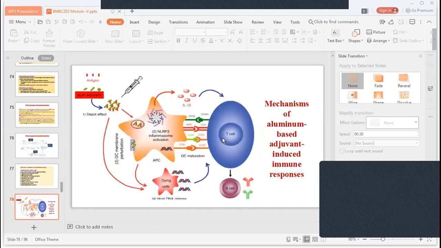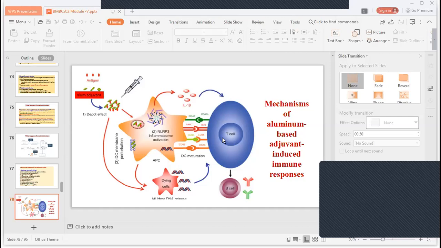And these adjuvants will mix with antigen, and when entering the human body, they are actually governing the inflammasome. What type of inflammasome?